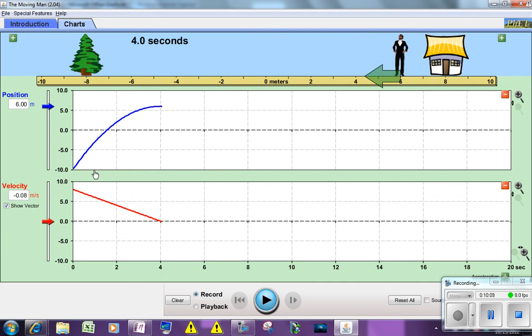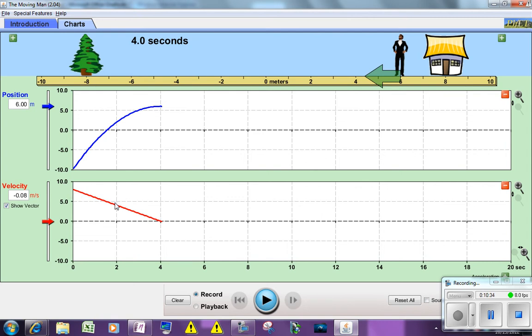So when you look, you can see initially the slope is very positive. In fact, the slope is +8 meters per second because that was our initial velocity. And the slope gets increasingly more negative. In fact, the slope gets 2 meters per second more negative every second. So that takes you from a slope of +8, which on the VT graph gives you a value of +8 meters per second.